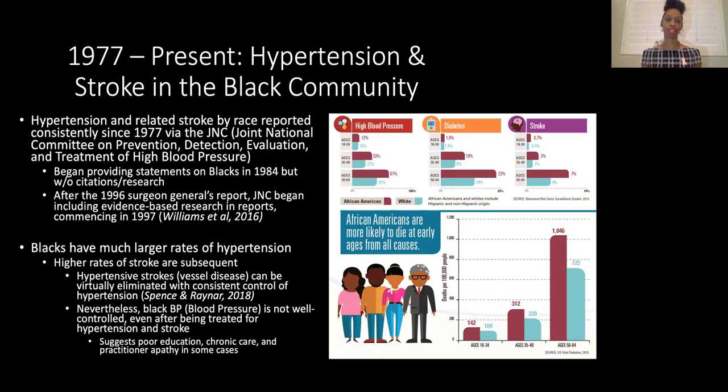So when looking at 1977 through now, we see hypertension and stroke in the Black community is another massive disparity. Just look at the graph here on the right-hand side, and we see that African Americans are more likely to die at early ages from all causes.